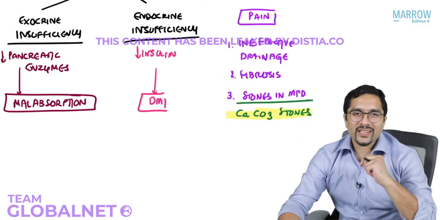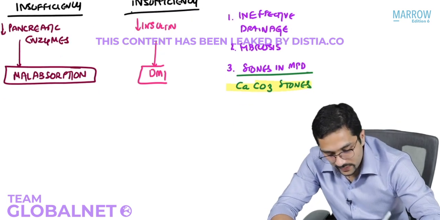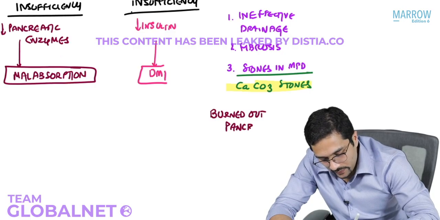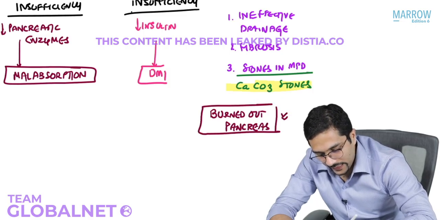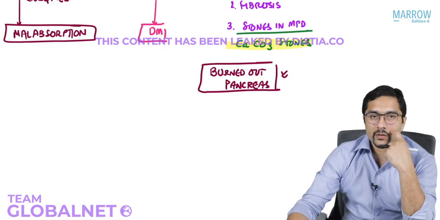And there is one very interesting fact which I want to share with you, and this is given in Sebastian as well. There is something known as a burned out pancreas. People think that as the pancreatic destruction increases, the pain would also increase, right?